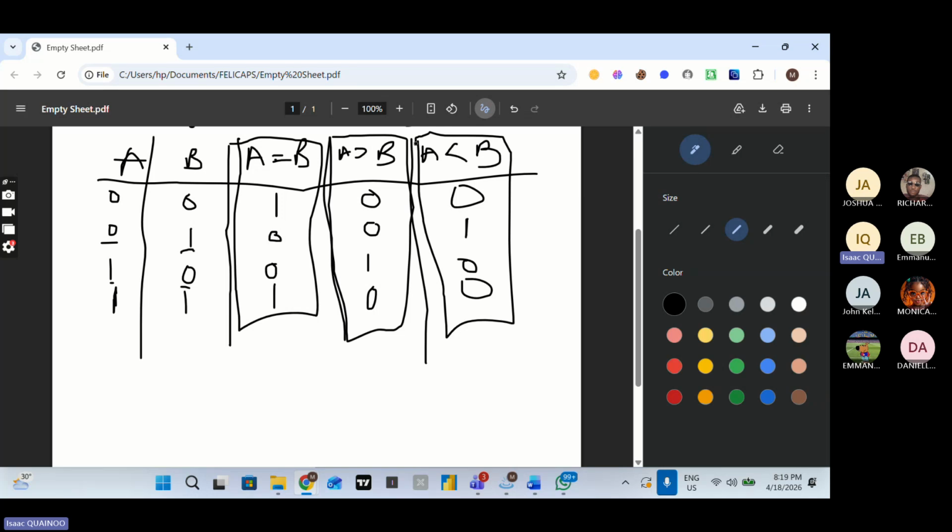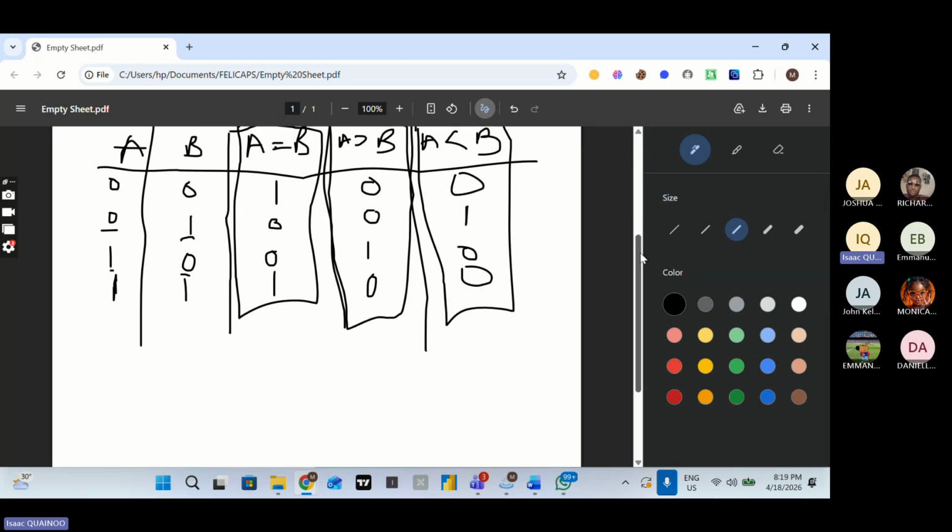Now, I'm going to teach you a very short method to do it. For a 1-bit comparator, they're straightforward. But when you get to a 2-bit comparator, I'm going to teach you a short method that you can use to determine your logical expression or your output without even going through the hassle of drawing your truth table. Because for the sake of examination, we are doing MCQs and we are dealing with time.